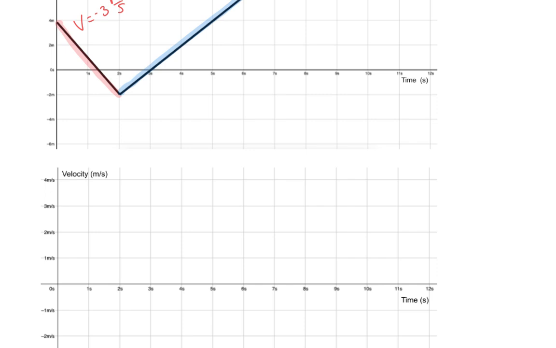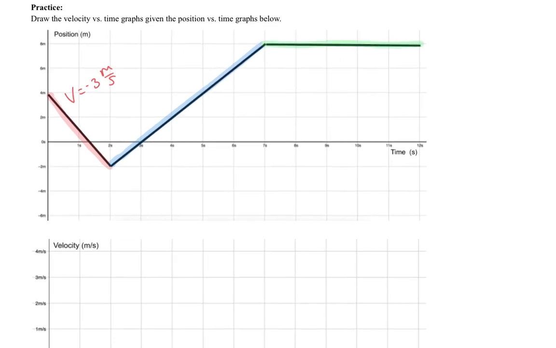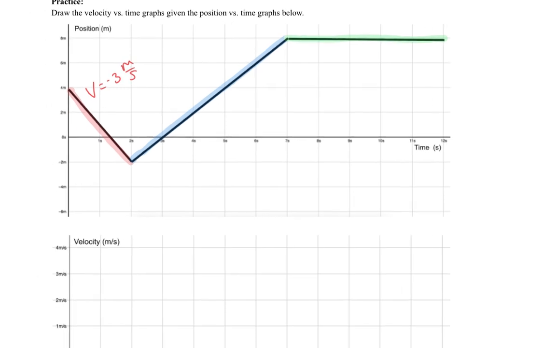Okay. Then I can look at my second leg. Again, I'm looking at rise over run. Now, one thing I want you to be careful about, because some of you in your math class learned for rise over run to count boxes. And if you did that in this case, you would come up with the wrong value. Why? Because look here, on our position axis each box is 2 meters, but on our time axis each box is 1.